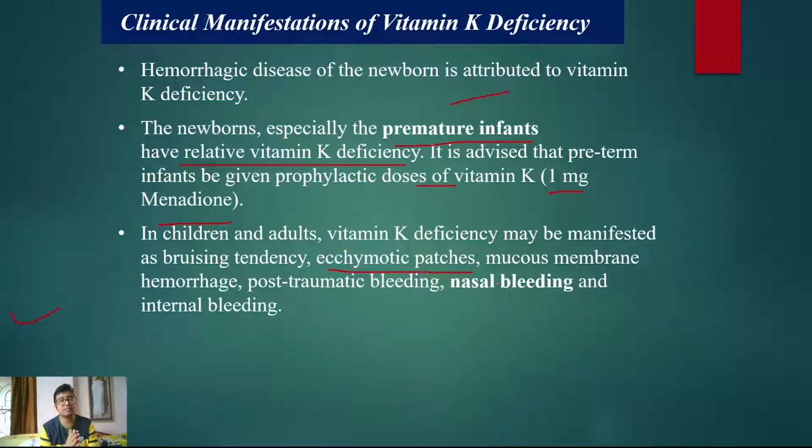So if vitamin K is deficient, we will have increased bleeding tendency or hemorrhagic condition. Remember, post traumatic bleeding, nasal bleeding and internal bleeding. So all things related to bleeding.